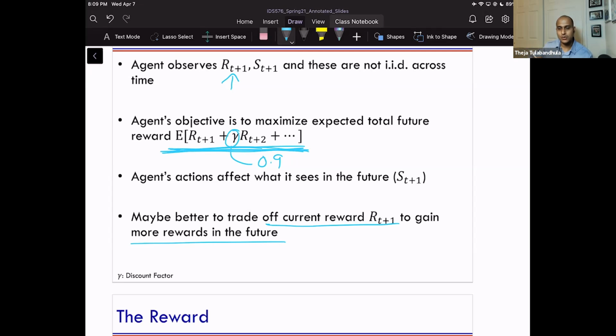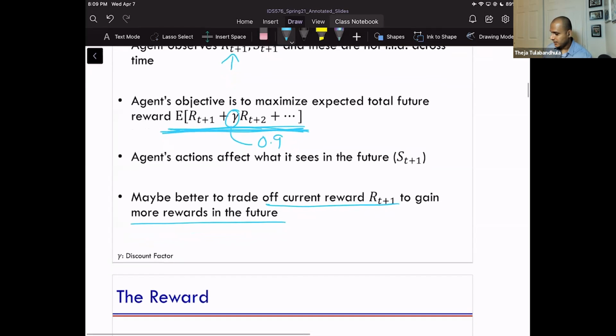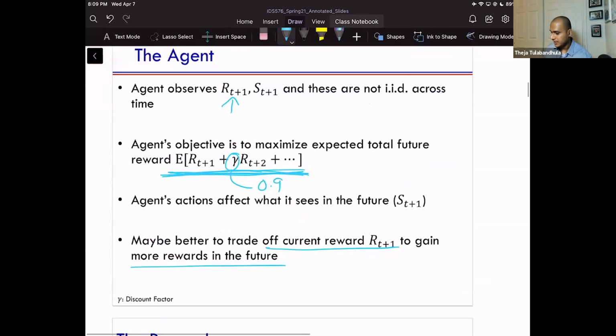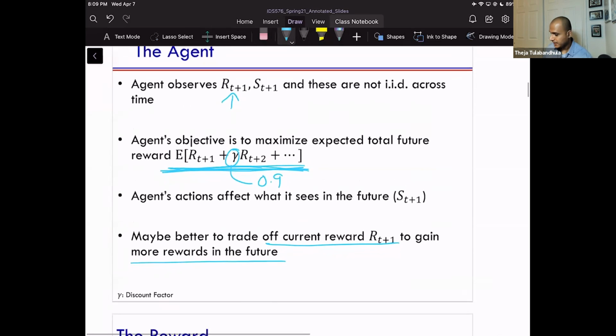Waiting may incur a penalty because you're losing time in a queue, but once you get onto the highway, you're super fast, so you're actually gaining reward, compared to a different lane where there's no queue. That's one feature the agent should consider.